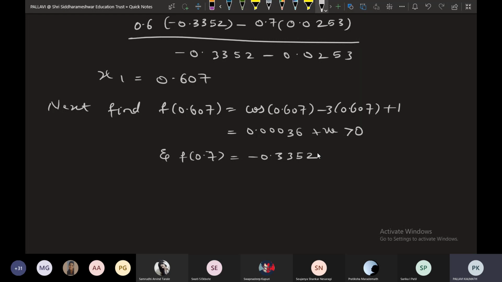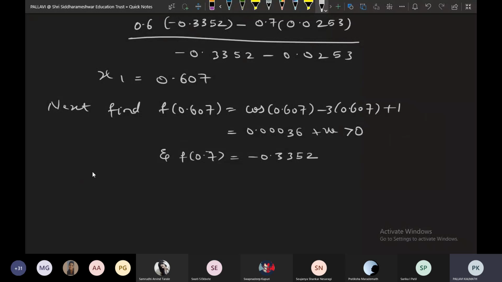Yes or no? Yes, ma'am. Am I correct? Okay, so f of x1 you have found as positive, so you should consider the value for which you have got negative. So f of 0.7 is negative.